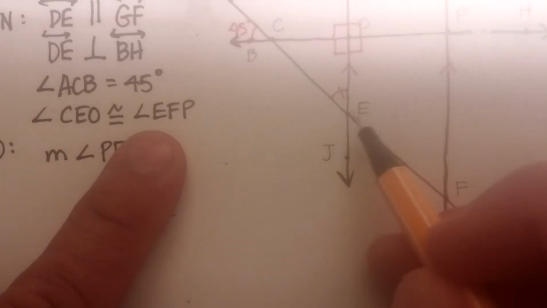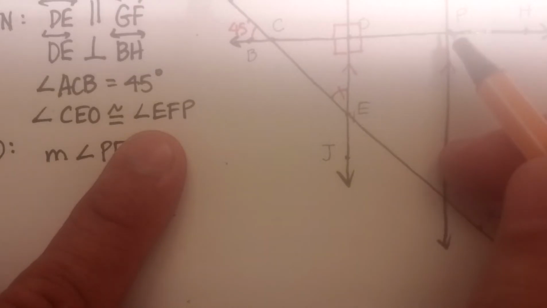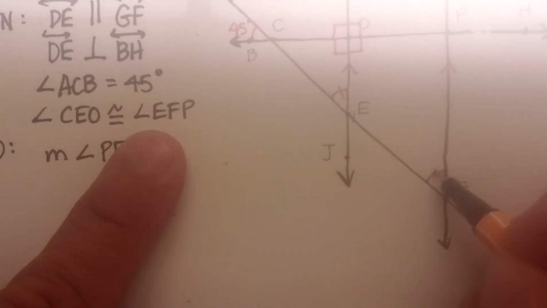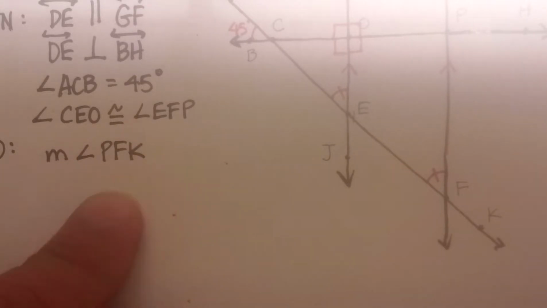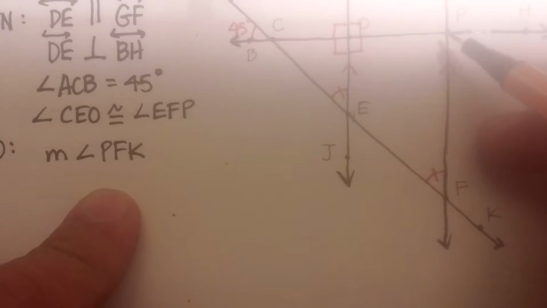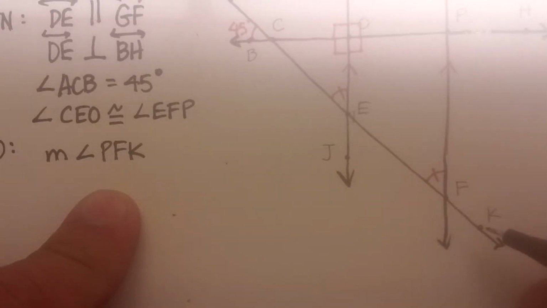Now, angle EFP is right there. So now we've got all our marks in there, and we want to find angle PFK. And PFK is right here, P, F, and K. So this is the angle that we're looking for.